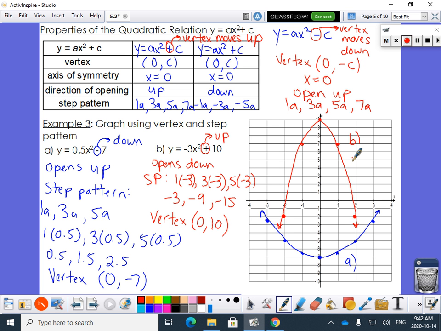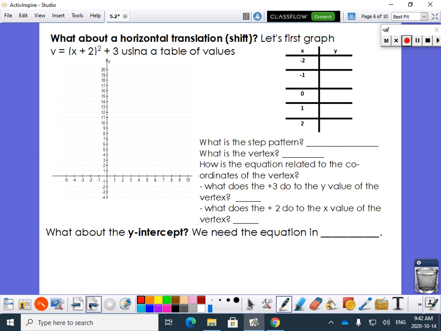Okay, now we're going to look at horizontal translations. So we've just looked at vertical shifts, up or down. Now we're going to look at shifts left to right. So what about a horizontal translation shift? Let's first graph. This form here, we're going to do more of this in our lesson in the afternoon. Just write, this is called vertex form.